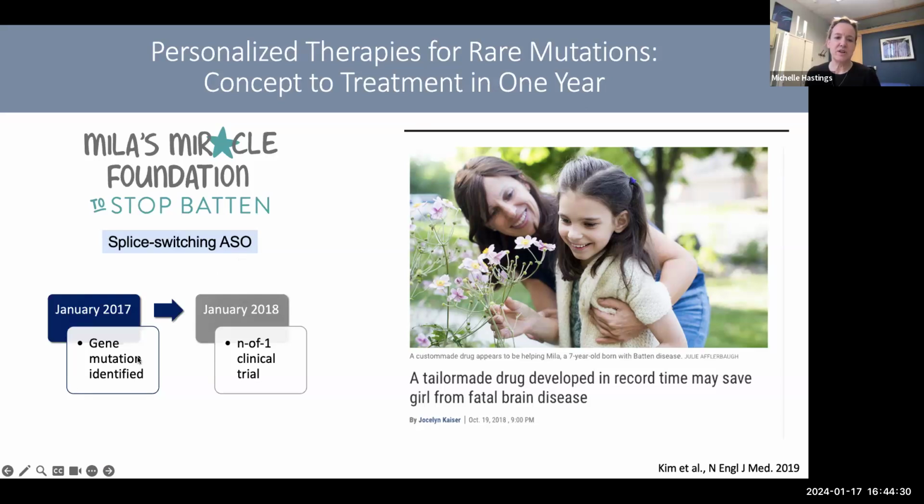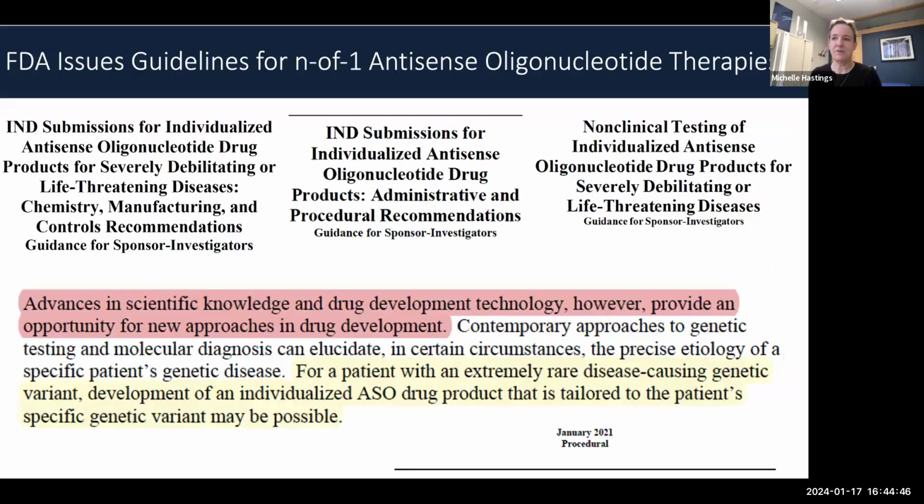Mila was a child diagnosed with the disease in 2017, and an ASO was very quickly developed in Tim's lab and then administered to Mila within a year.